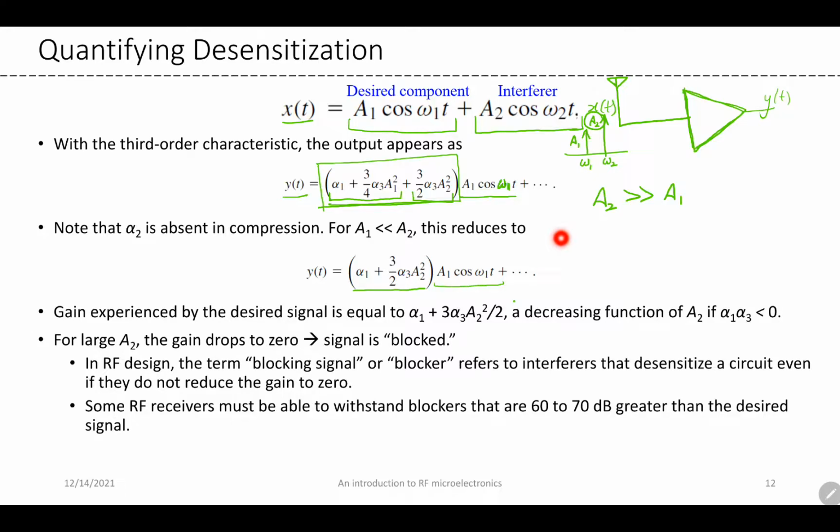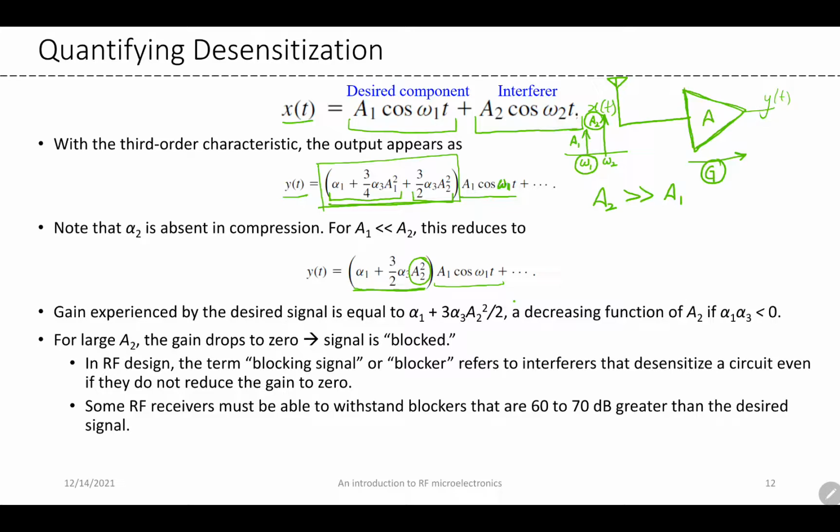Now the gain which this amplifier presents to the fundamental frequency omega 1 will decrease based on the amplitude of A2. So this gain will start getting compressed because of A2, not because of A1. Typically in gain compression the signal itself leads to compression.